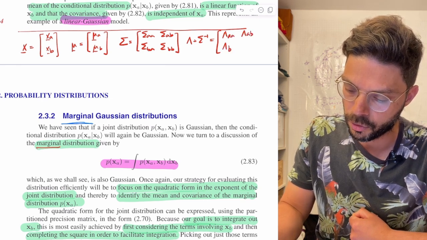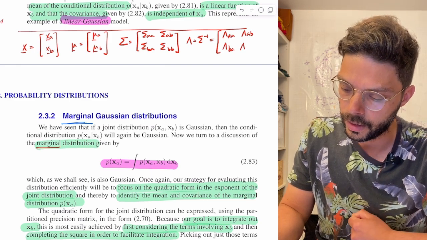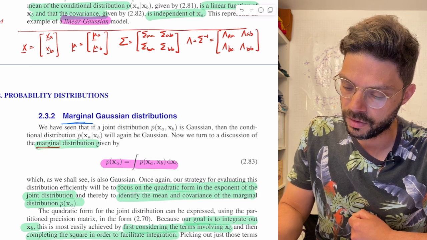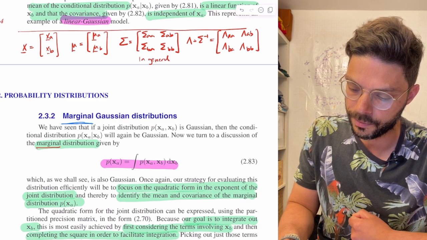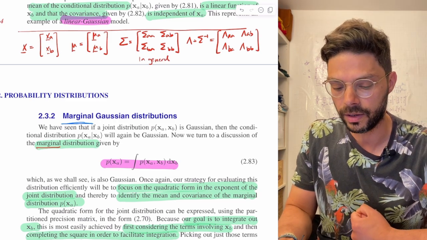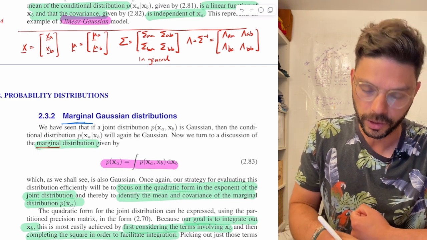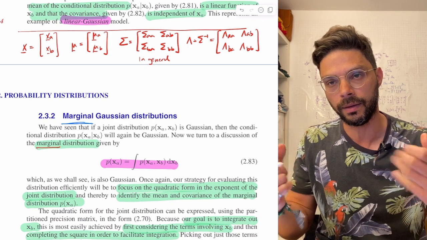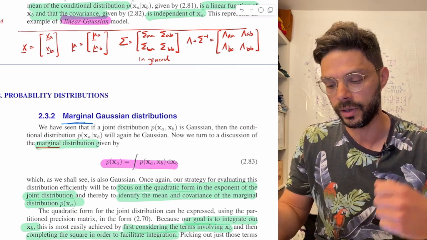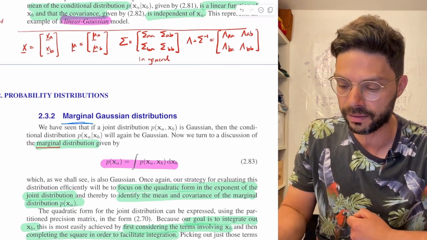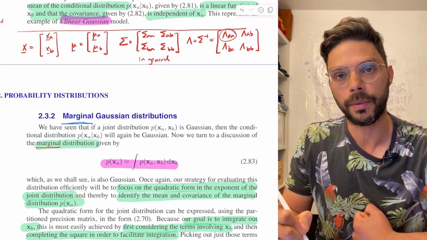And the important thing to remember is that in general, you can't just invert this to get that, right? In general, there's a more complicated formula we saw before, the Schur complement, which tells us how to get, for example, sigma AA in terms of all these covariances.